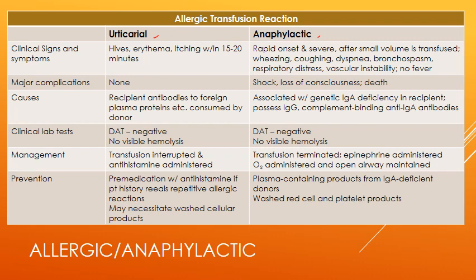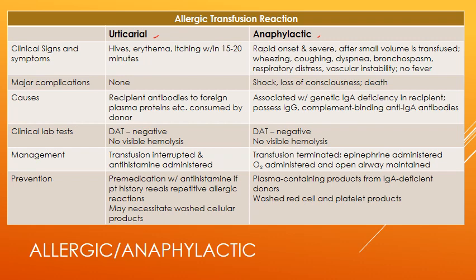That is possible. There also are allergies to some of the things that come along with the unit that didn't come from the donor per se, like allergies against the anticoagulants. Some patients are sensitive to the citrate that's part of the anticoagulant, and that's something that we can keep track of in a patient's history.